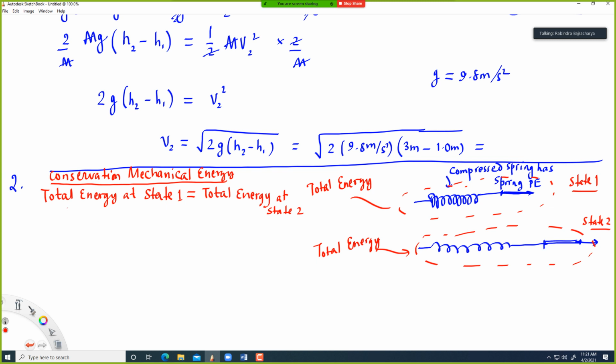So what are the energies in the system? The system has kinetic energy and potential energy, that's the mechanical energy. So this is at state 1, and then total energy at state 2: kinetic energy at state 2 plus potential energy at state 2.